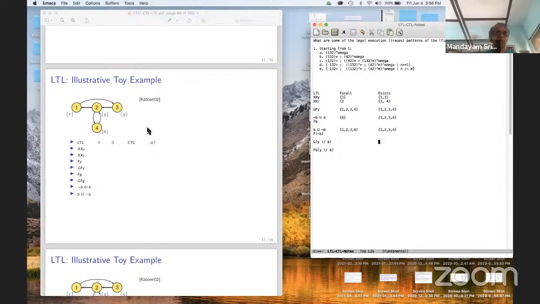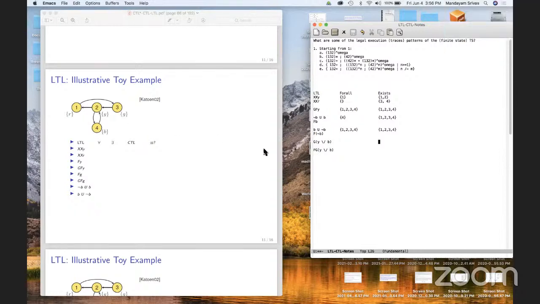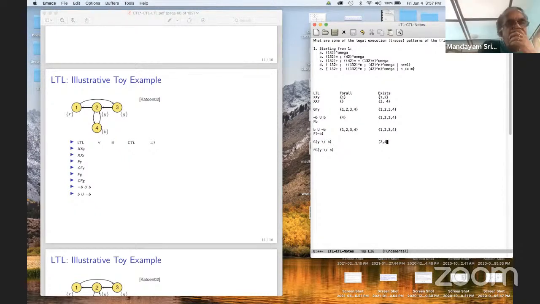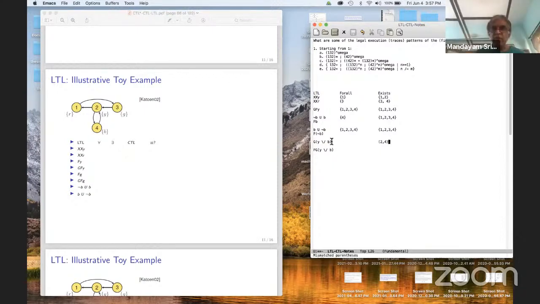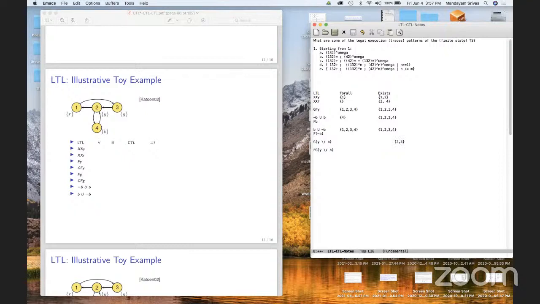That will be something like 4 and 2, the loop 4, 2. So 4 and 2 repeating itself. So certainly there are some paths from 2 and 4, correct? Yes. I don't think anything will satisfy for all conditions. Yeah, that's correct. Okay, so you're right. So this one is empty.